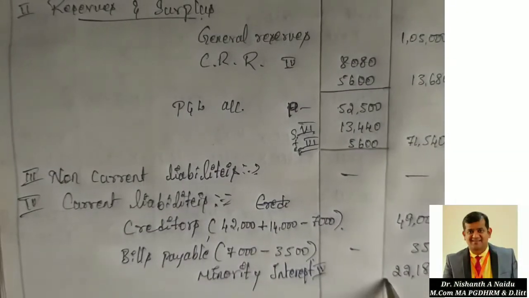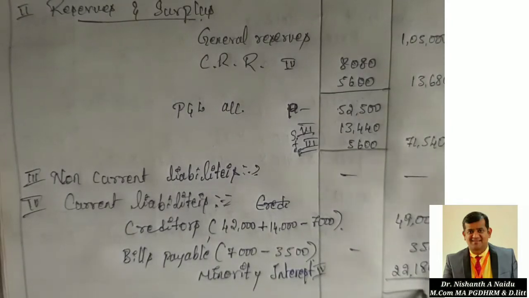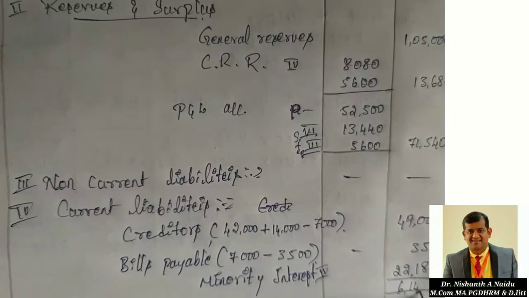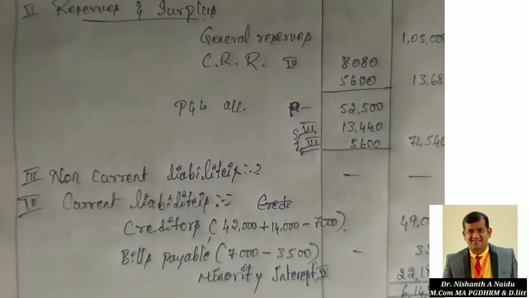So now total it. That comes to 3,50,000 plus 1,05,000 plus 13,680 plus 71,540 plus 49,000 plus 3,500 plus 22,180. So 6,14,900 is the answer for this.